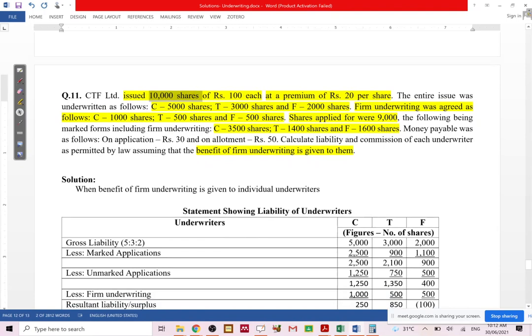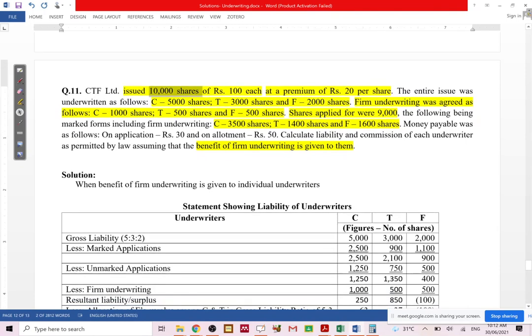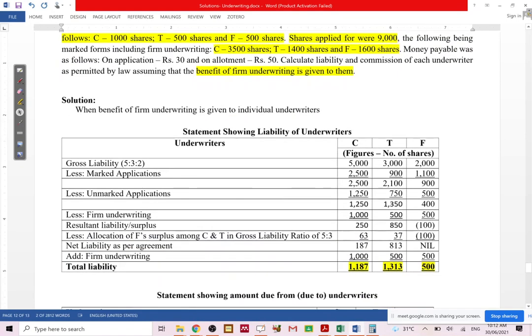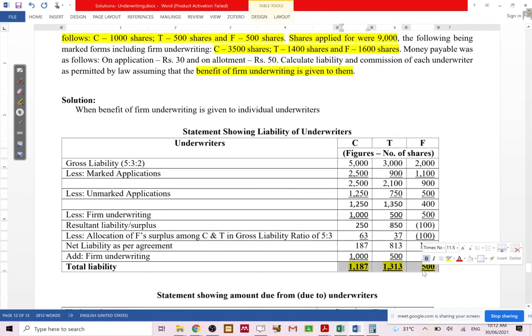The remaining 3,000 were the unsubscribed shares, which these three have finally agreed to take. Is this clear? Yes. So at least this part, as to what is to be done with the share applications, or how much liability is to be calculated, I hope at this point it is clear.